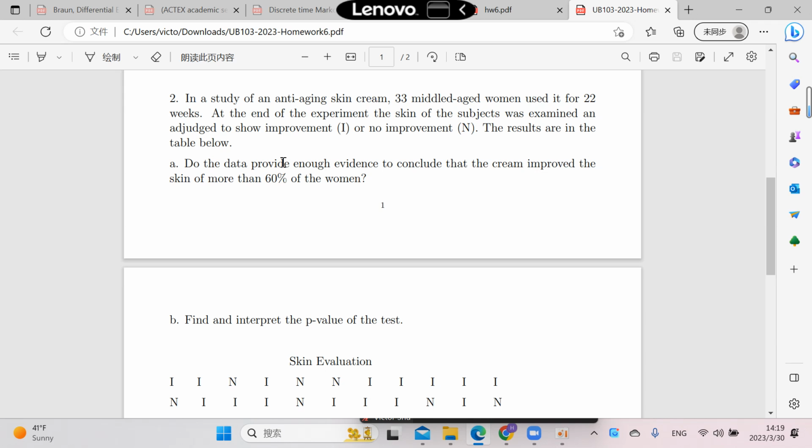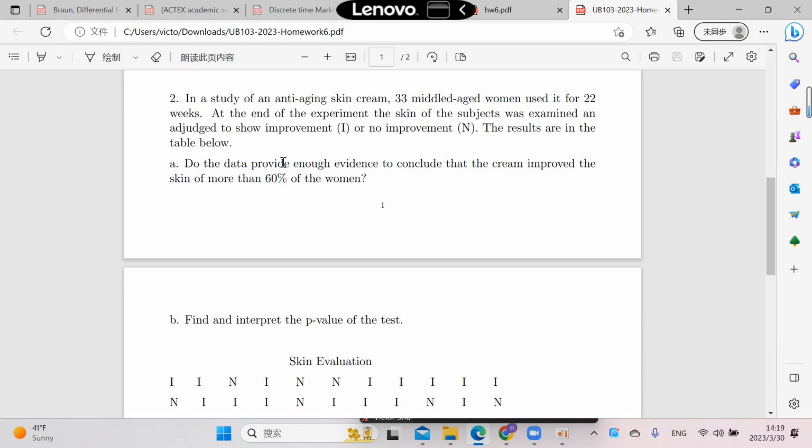You either have skin improvement or no skin improvement, so you only have two possible outcomes with the probabilities summing up to 1. And by the way, because you have 33 observations, your binomial distribution can be approximated by a normal distribution.